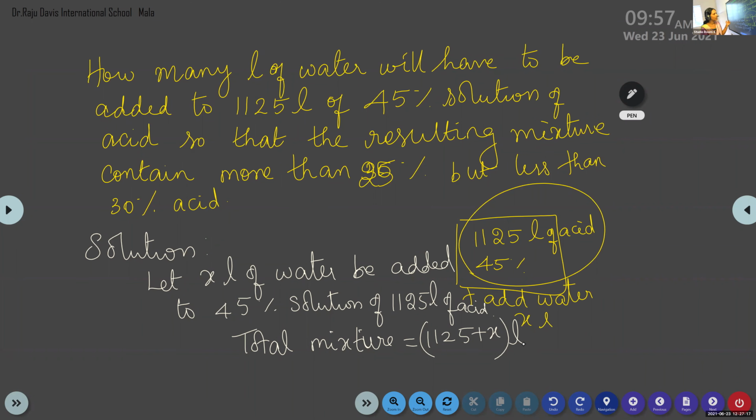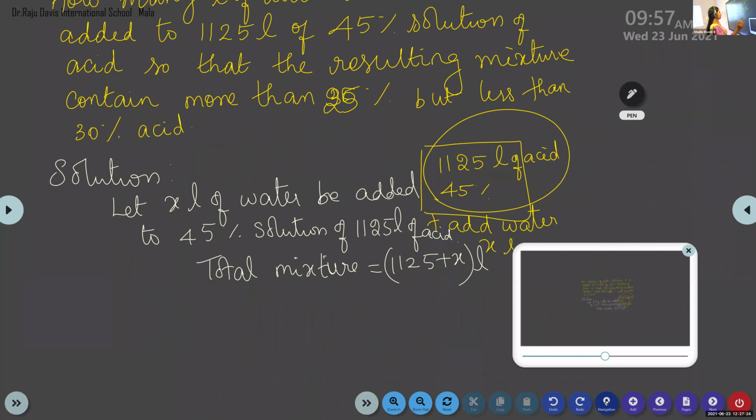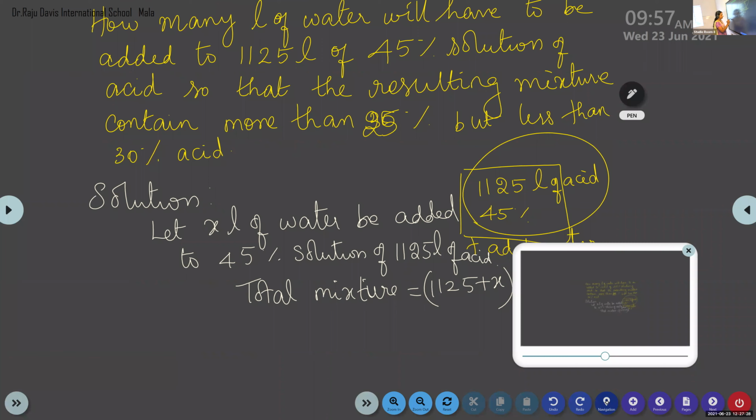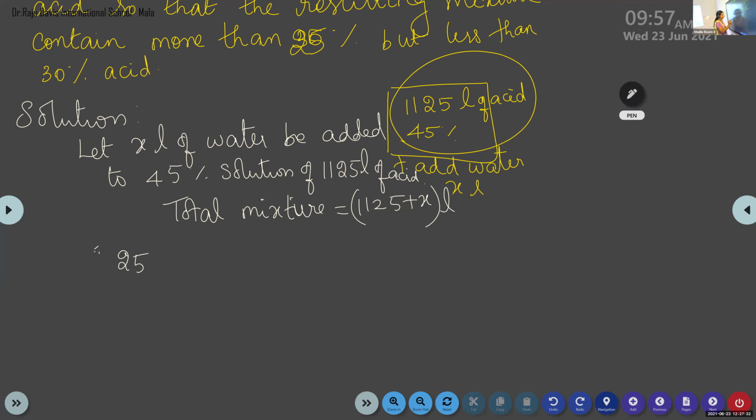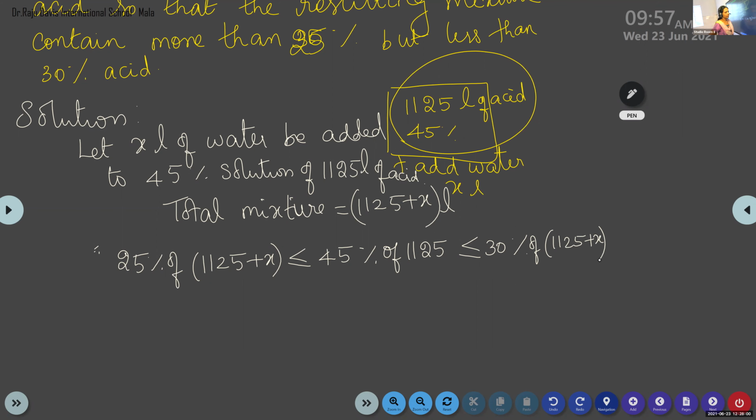So the required condition, according to the given problem, is: 25% of 1125 plus X should be less than or equal to 45% of 1125, which is less than or equal to 30% of 1125 plus X. After adding the water, when we dilute it, the diluted part should lie between 25% and 35% of the acid.